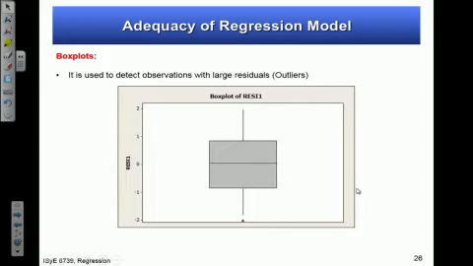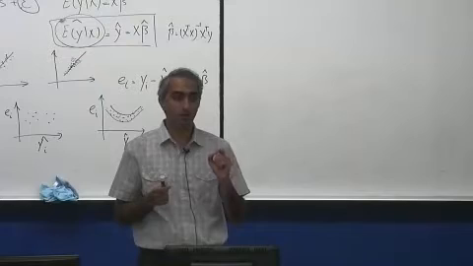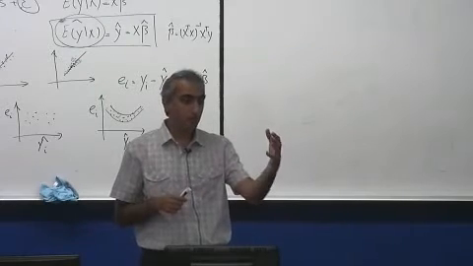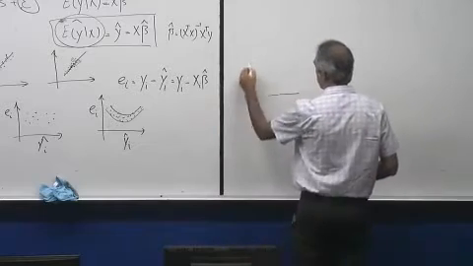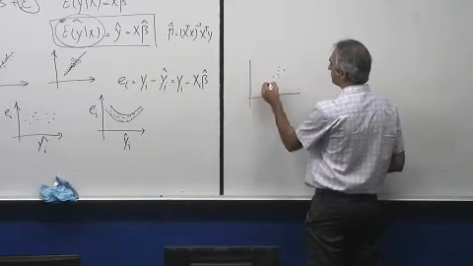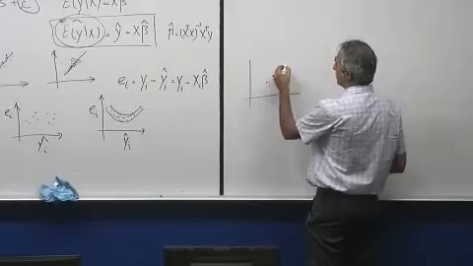Okay? And you could have a box plot. We can use a box plot to identify outliers. You remember I told you if you have outliers, it could affect the accuracy of your predictions. It could give you biased predictors. So let's say all points are here. This is the line.